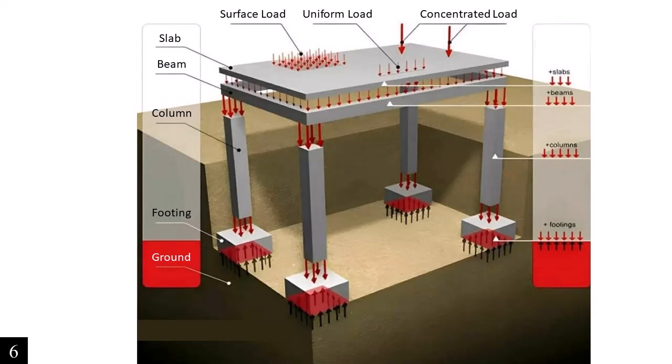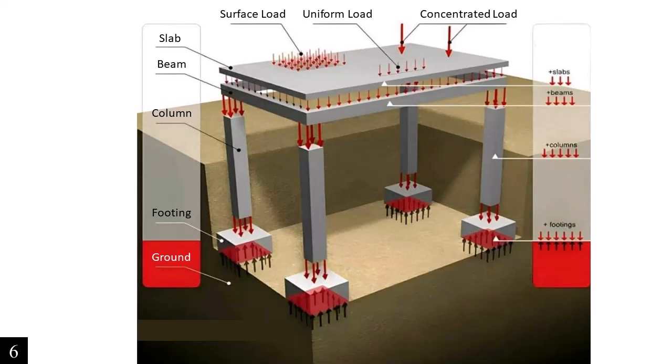The beam is the one that holds the slab. And then the beam will transfer the load to a column. The column is the one that holds the beam. And then the column will transfer the load to the footing or the foundation. And then the foundation will transfer the load to the ground.